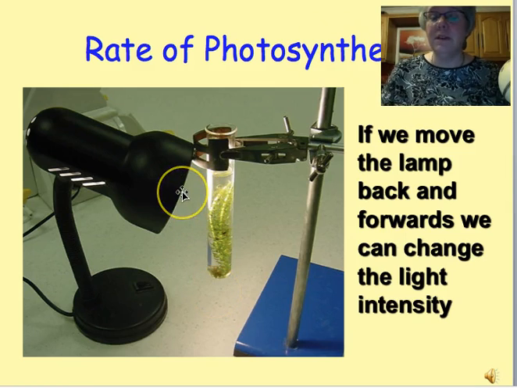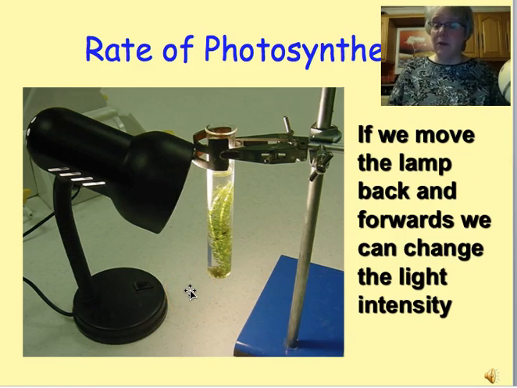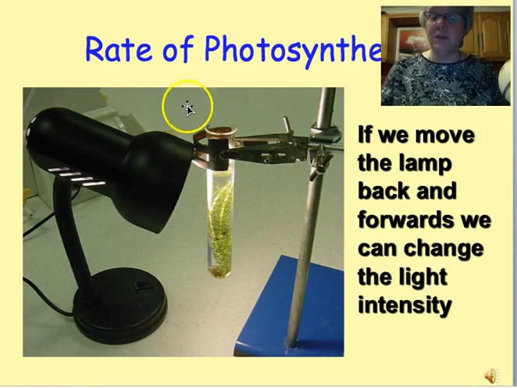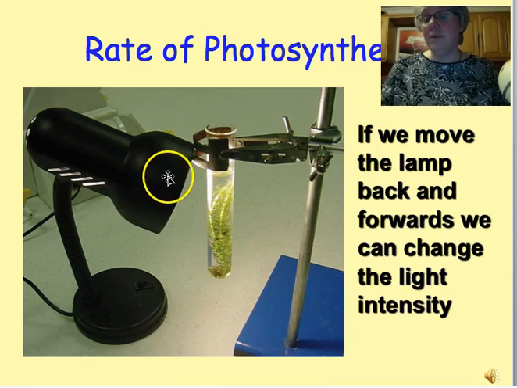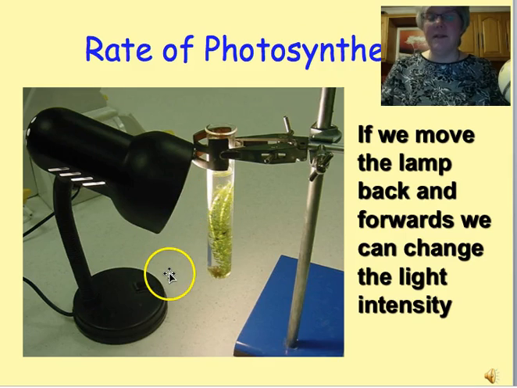But the problem is here we've got a lamp that's quite near to the plant, and so that could be giving off some heat as well and may affect the results. And sometimes in exam questions it might ask you about that. And you can solve that by putting maybe a glass screen up here between the lamp and the plant, and that prevents the heat affecting the results.